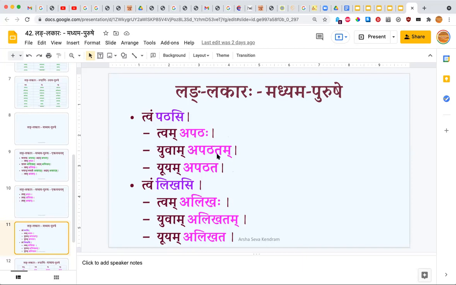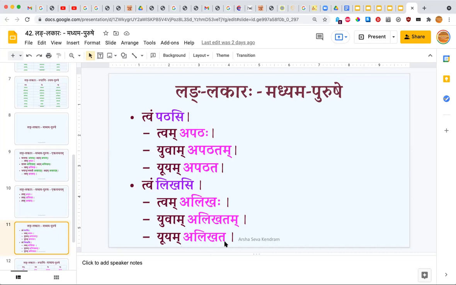Yuvam apathatam, you two had studied. Yuyam apathata, you all had studied. Tvam likhasi, you are writing, in the Lat Lakara form. The Lang Lakara form, tvam alikhaha, you wrote or you had written. Yuvam alikhatam, you two wrote.